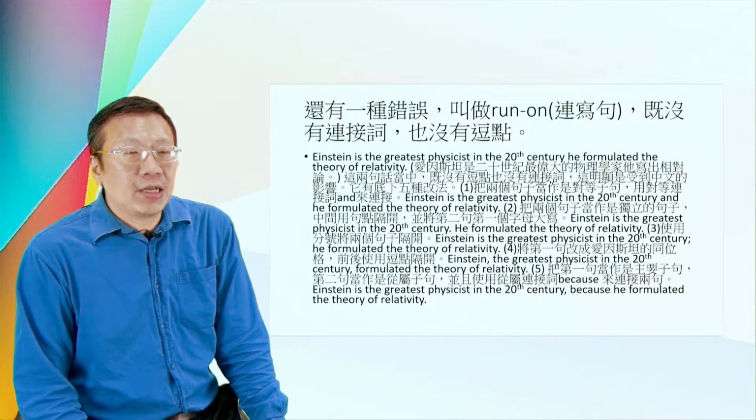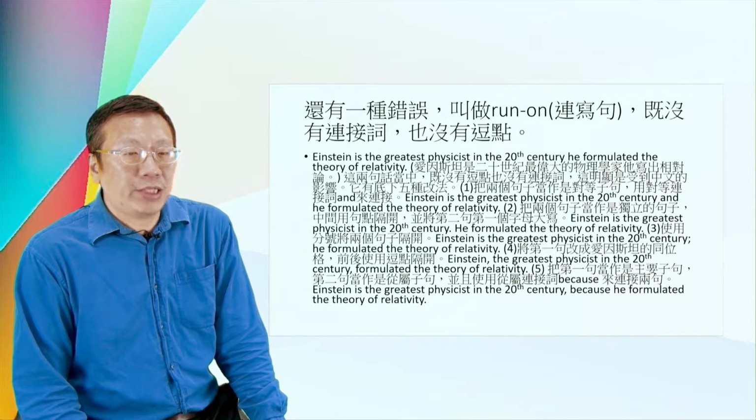He formulated the theory of relativity. 爱因斯坦是20世纪最伟大的物理学家，他写出了相对论。在这两句话当中，既没有逗点，也没有连接词，这明显是受到中文的影响。它有下面5种改法。第一，把两个句子当作是对等子句，用对等连接词 and 来连接。Einstein is the greatest physicist in the 20th century, and he formulated the theory of relativity.